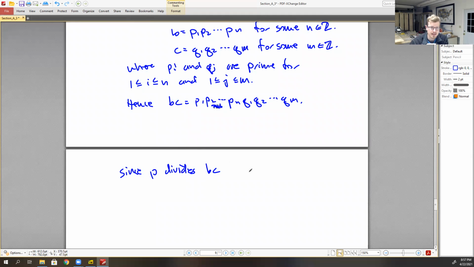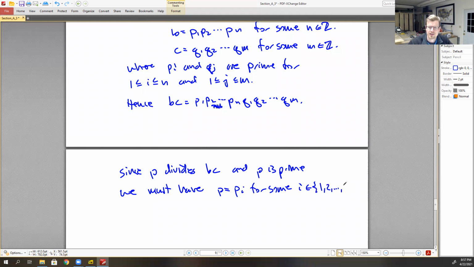Since P divides BC and P is prime, we must have that P is equal to Pi for some i in the set of numbers from 1 all the way up to n, or P is equal to Qj for some j in the numbers from 1 to n.